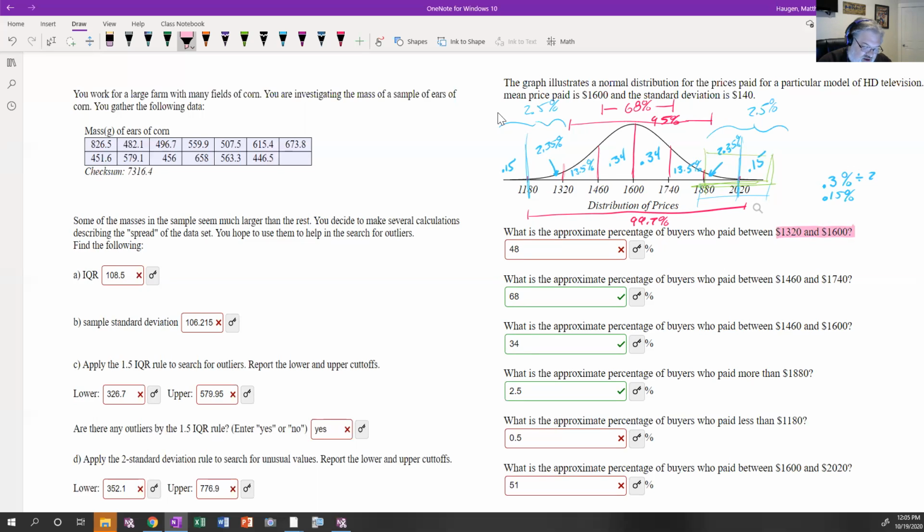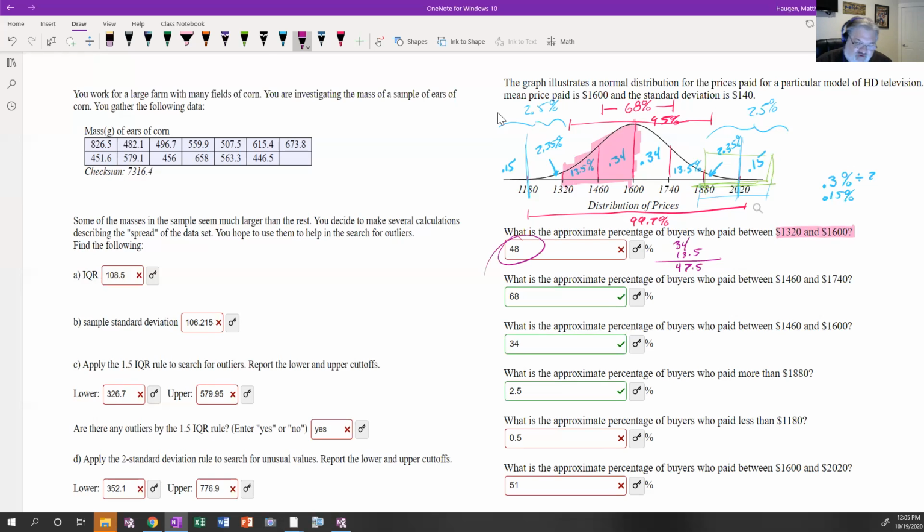Well, 1320 is there, 1600 is there. So you are in that group. That group's going to be the 34 plus the 13.5, so the 34 and the 13.5 is going to be the 47.5.